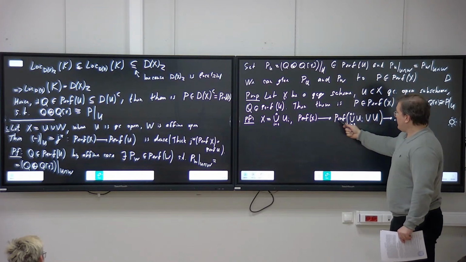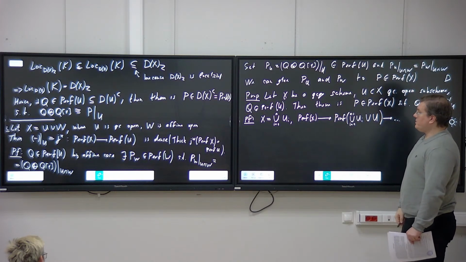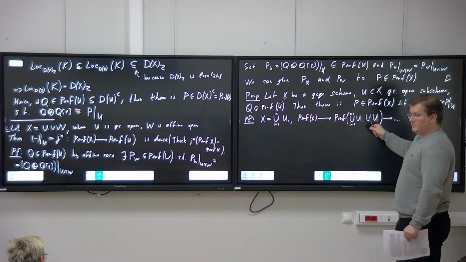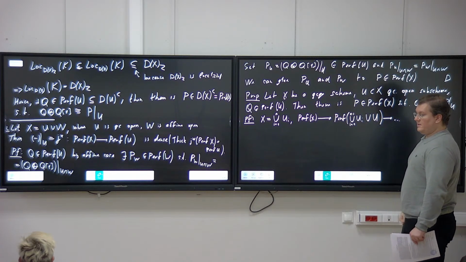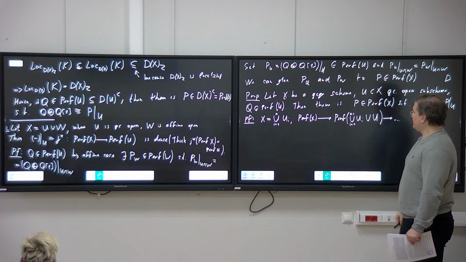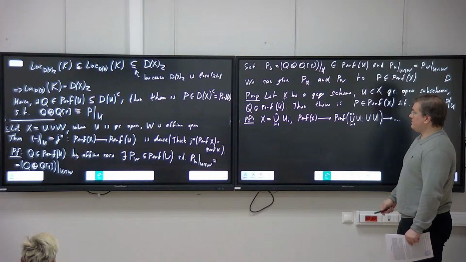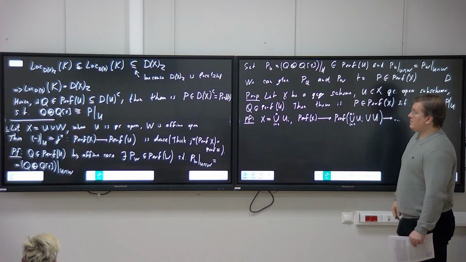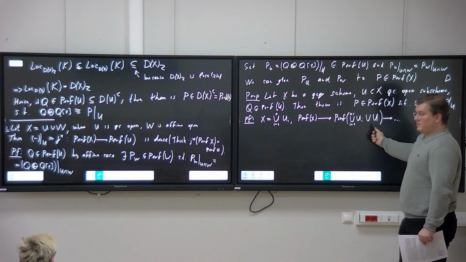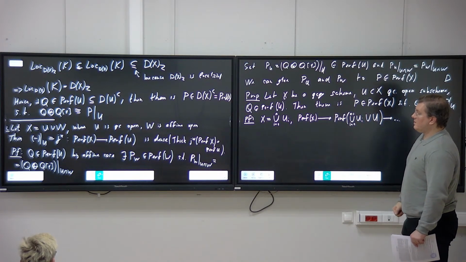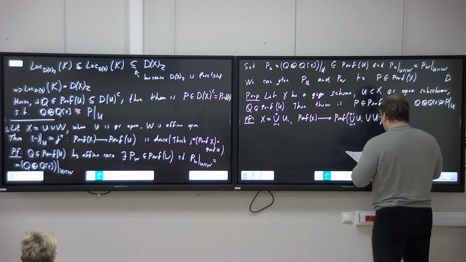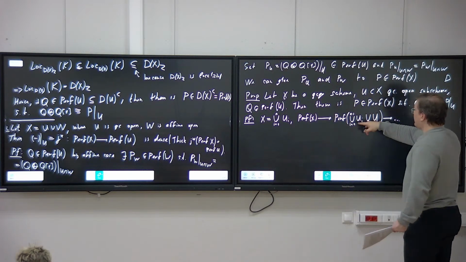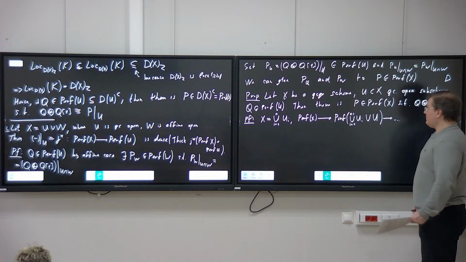Here I already know by the previous lemma that I have a dense functor, where W is in this case U_N, and U is just this union. And then I just continue doing the same procedure. On each step, I'm going to drop one of the U's.